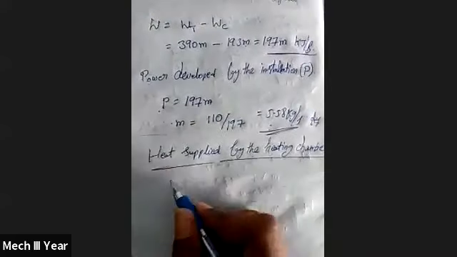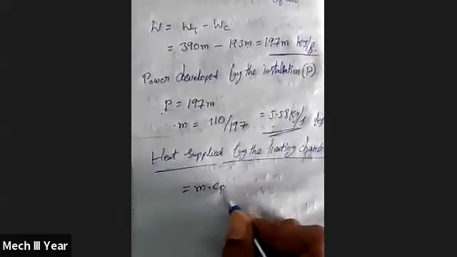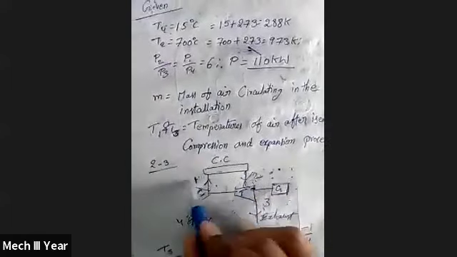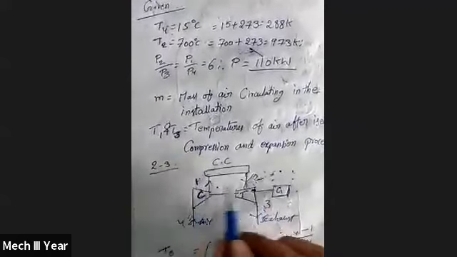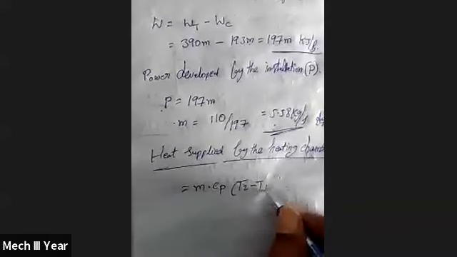There is one equation, that equation is M into Cp. Here the heating chamber, where is the heating chamber? This is the heating chamber. The combustion chamber is called the heating chamber. Then here 1 to 2. So you can take here T2 minus T1.